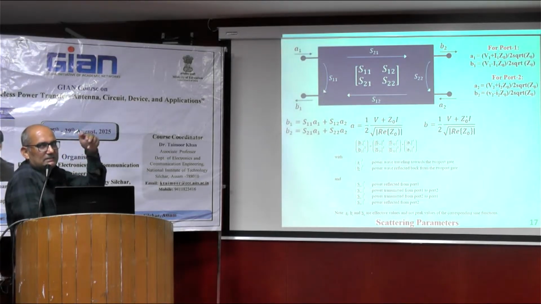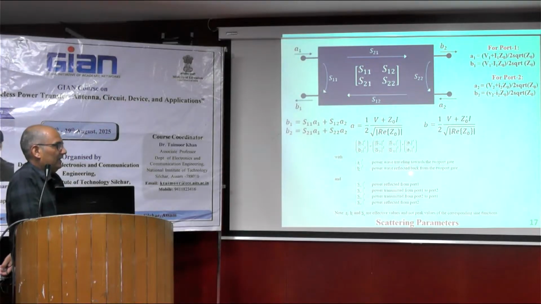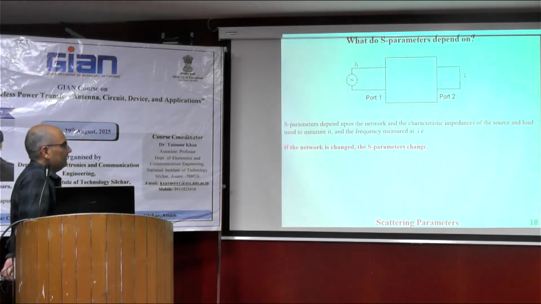Traveling means incidence, and the power wave reflected back from the two port is mod of B square. Then mod S11 square is the power reflected from port 1, mod S21 square is power transmitted from port 1 to port 2, then power transmitted from port 2 to port 1. A, B and S are effective values, not peak values of the corresponding sine functions.